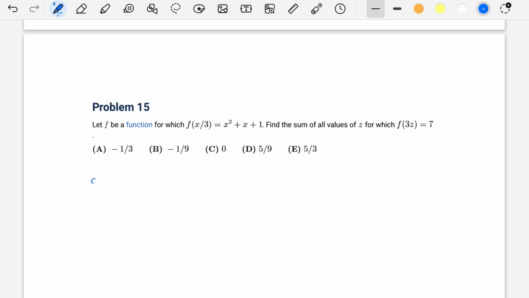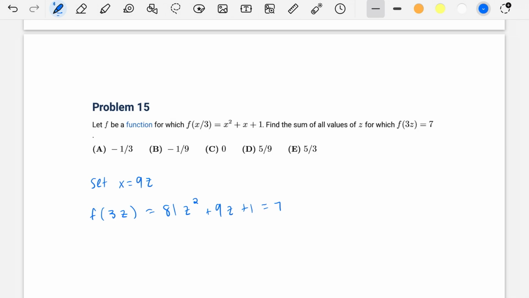We can just set x equals 9z, because if we substitute x for 9z in this expression, we get f of 3z equals 81z squared plus 9z plus 1, and the problem tells us that f of 3z is equal to 7.